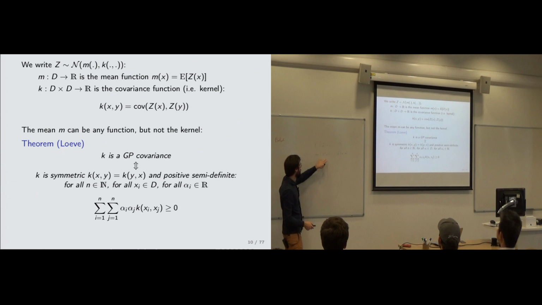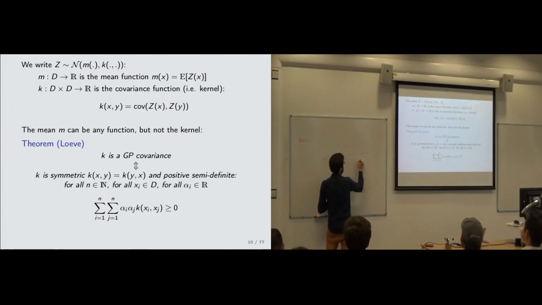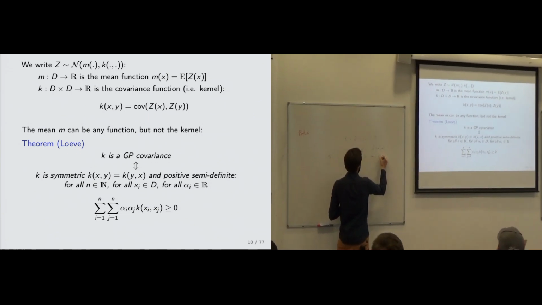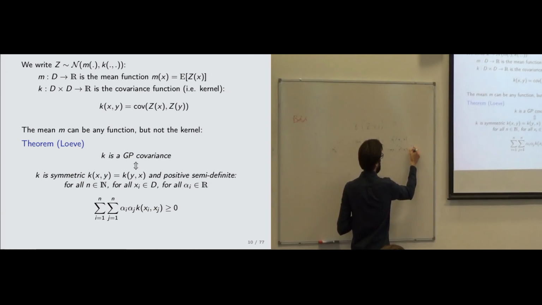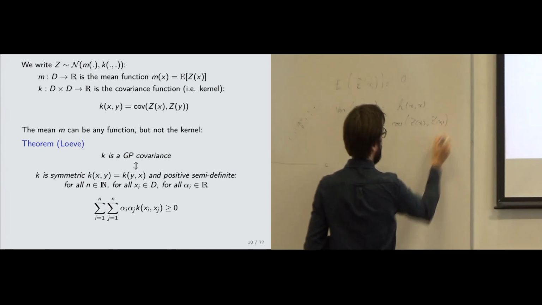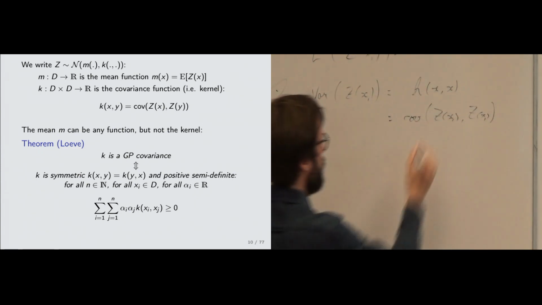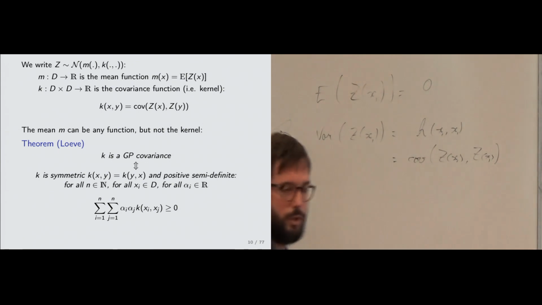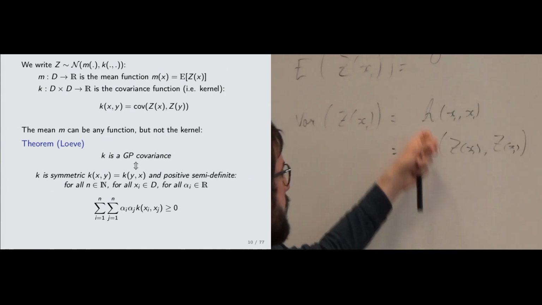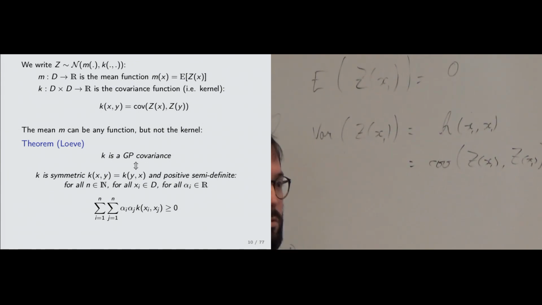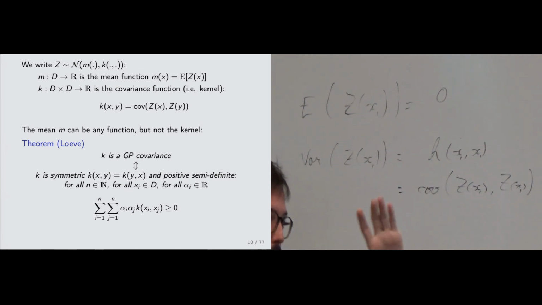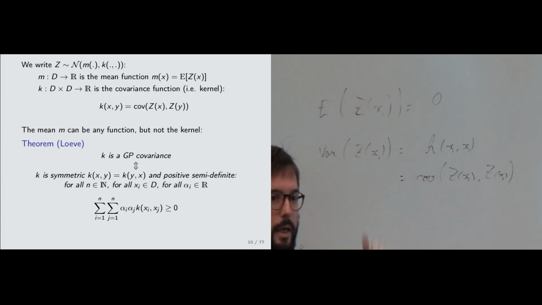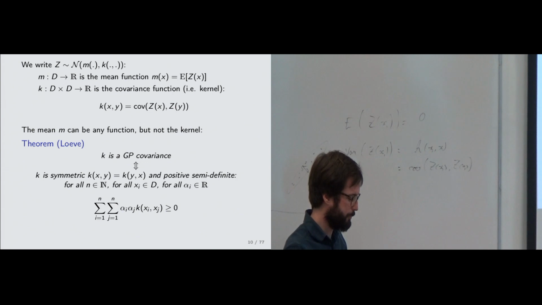So that's why I wrote that on the board before, because the variance of z of x is equal to the covariance of z of x with itself. So this is equal to the kernel at x, x, which will give you the amplitude of the GP at x, basically, right?